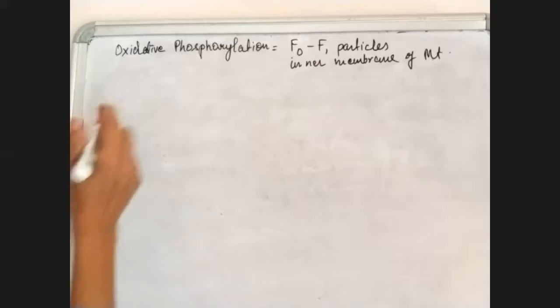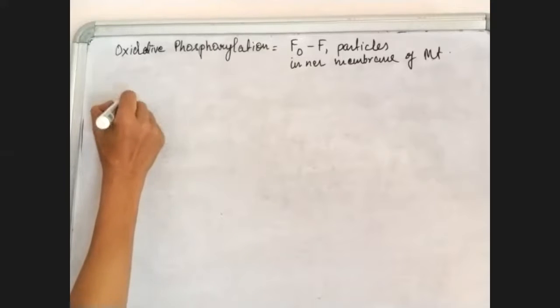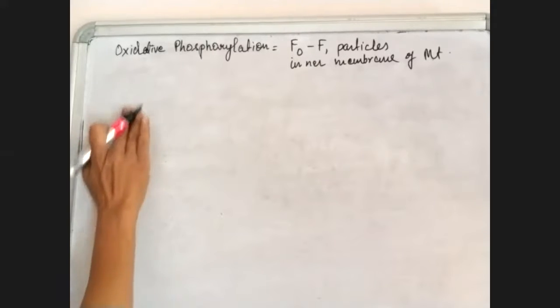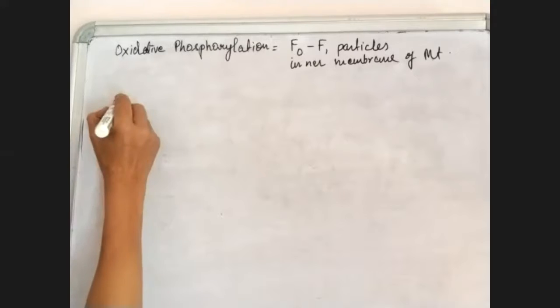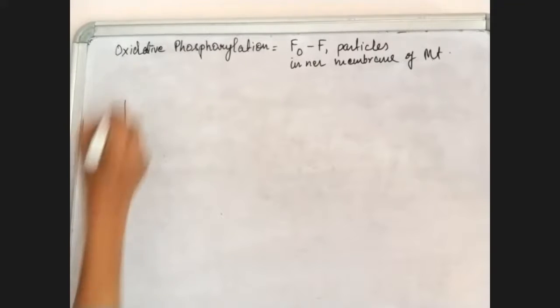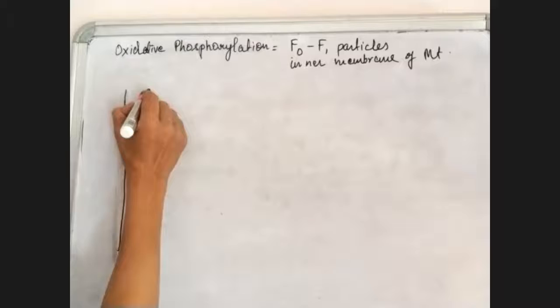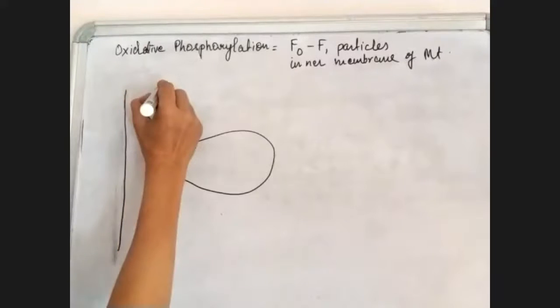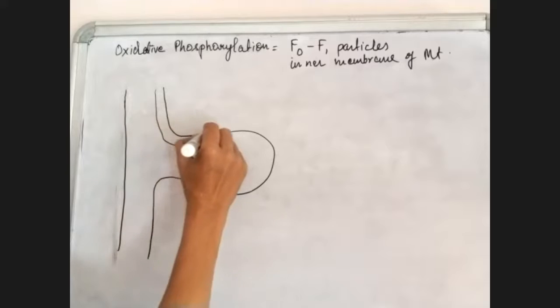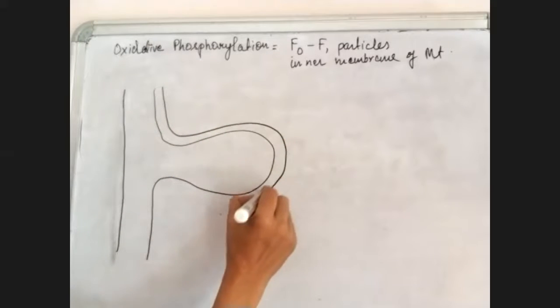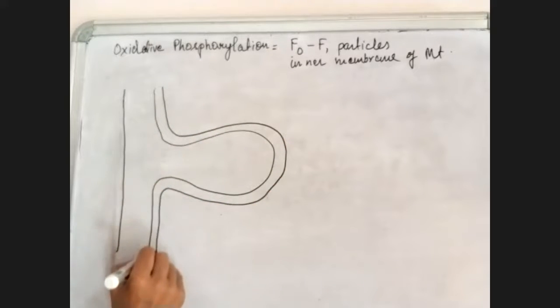We have the structure like this. This is the outer membrane. We have this as the intermembrane space, and then we have the cristae like this. Let's make it double membrane and give it some diameter because we have to show the F0, F1 particle.